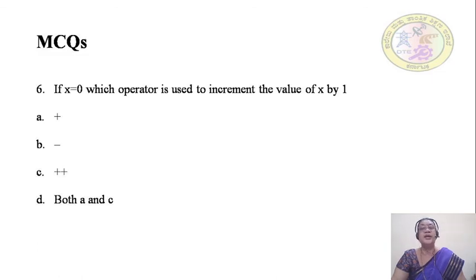So I can write x is equal to x plus 1, or I can also write x plus plus. So the correct answer is both options A and C, so the correct option is D.